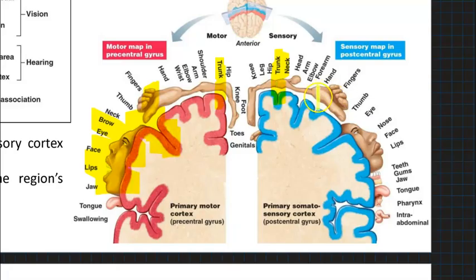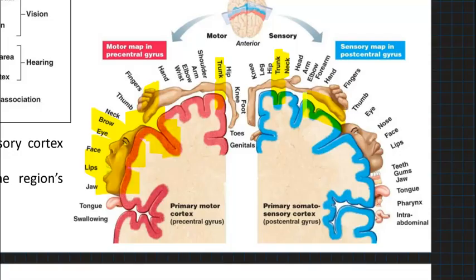This is your hand and fingers. It's a lot. While hand and fingers are much smaller than your trunk, the area that receives signals from your fingers and your hand in the cortex is much greater than the area that receives sensory signals from your trunk.